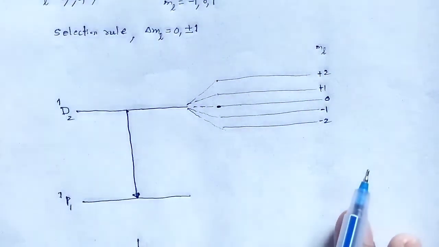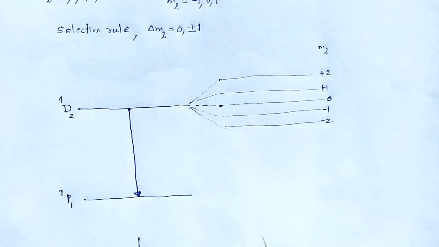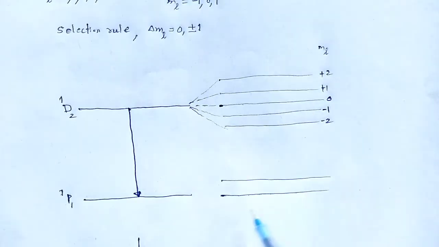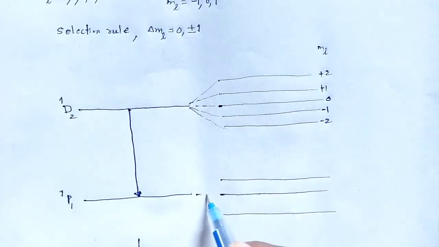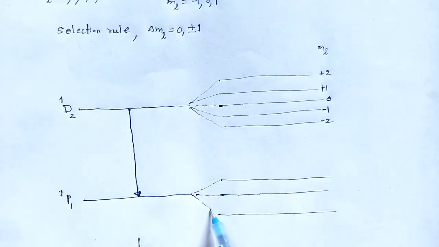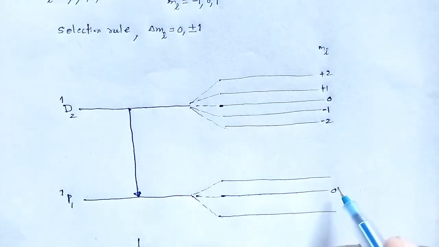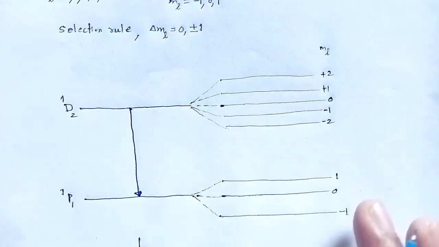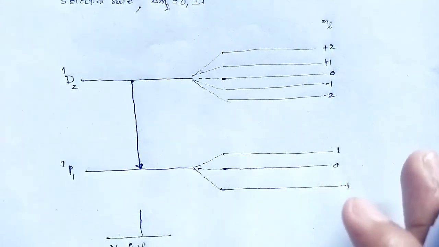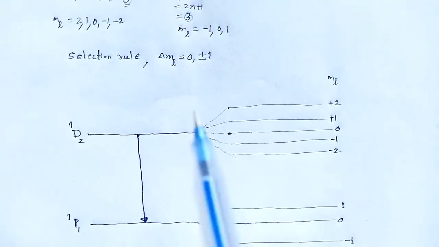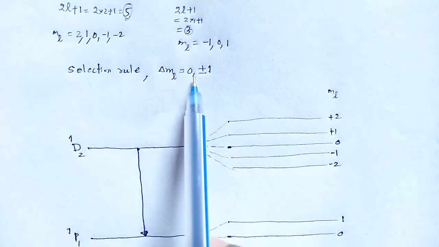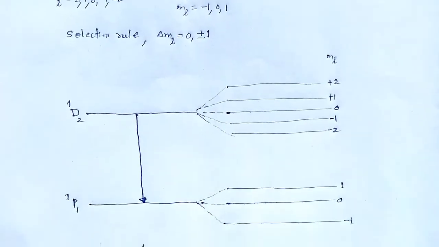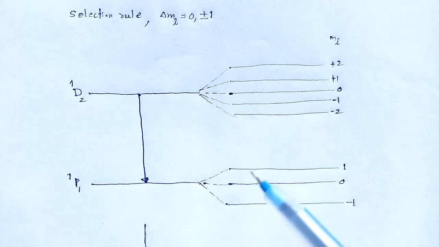Now 1P1, 3 levels, that is 0, here +1, here -1. Now the allowed transitions are 0, +1 and -1, meaning the change in del ml. First we consider -1.